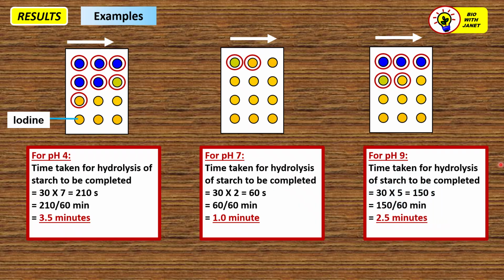That is 30 times 5, 150 seconds, then divide by 60 to convert to minutes. It's 2.5 minutes. An easier method is just to count: 30 seconds, 1 minute, 1 minute 30 seconds, 2 minutes, 2 minutes 30 seconds, or 2.5 minutes.